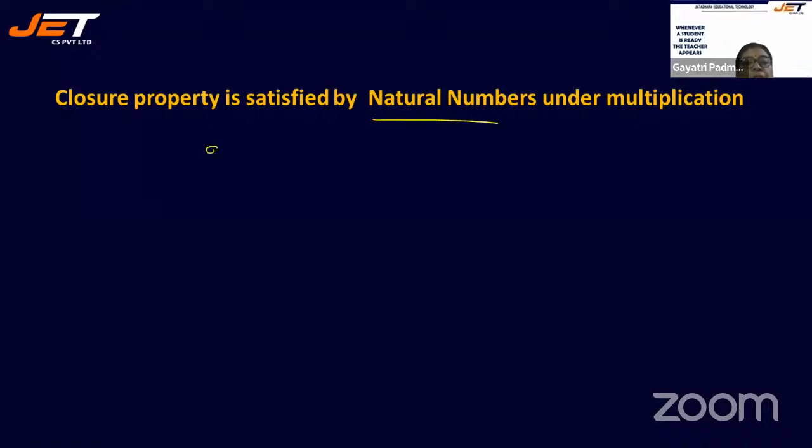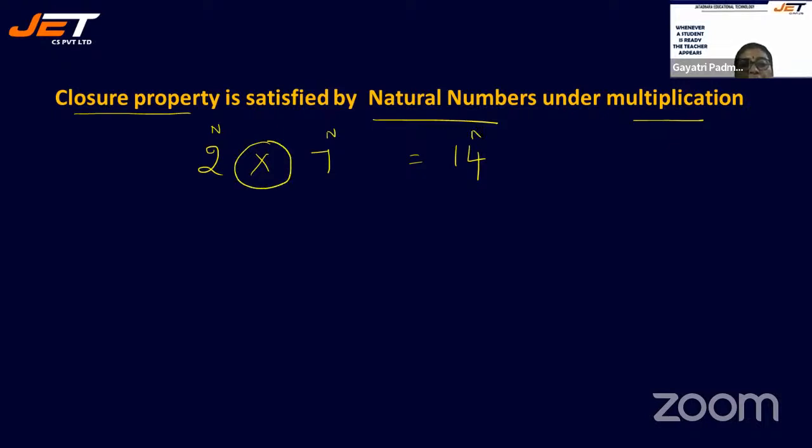Natural numbers 2 and 7. Closure property under multiplication. So 2 multiplied by 7 is going to give me 14. This is also a natural number. This is also a natural number. And when multiplication is done, again we get the resultant as only a natural number, right?